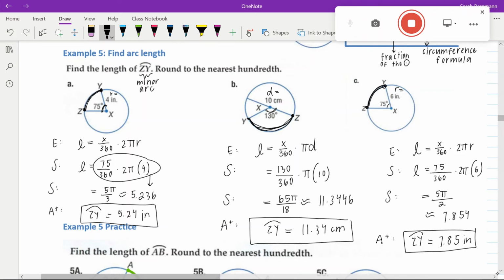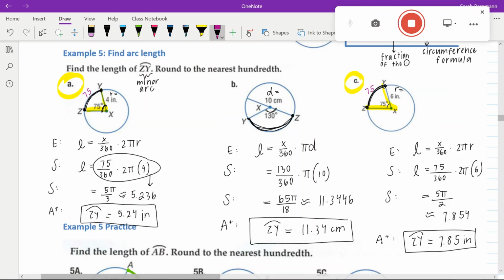Now I want you to see if you can answer this question. Looking at A and C, does the radius of the circle affect the arc length? Notice that arc ZY in both of these circles has the same measure of 75. Remember, arc measure is measured in degrees.